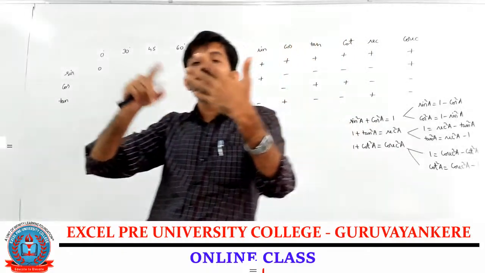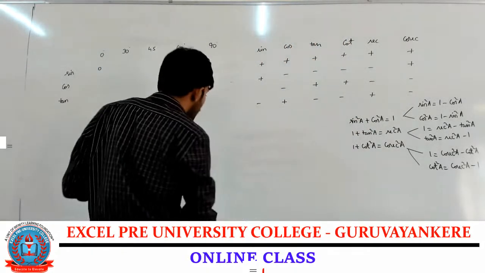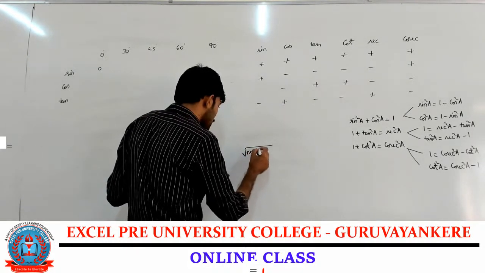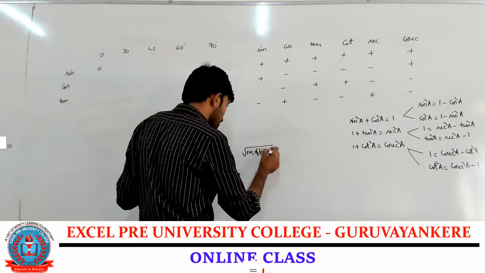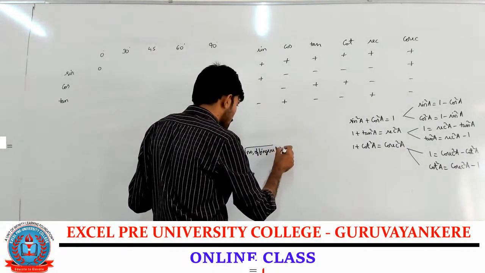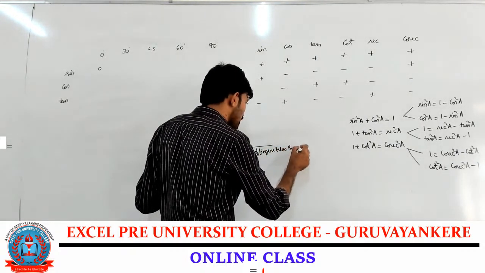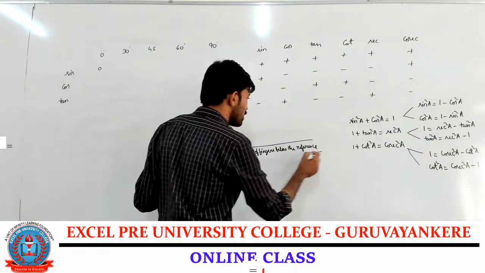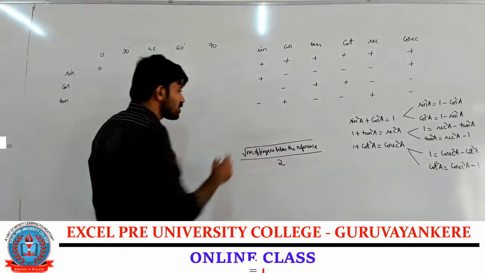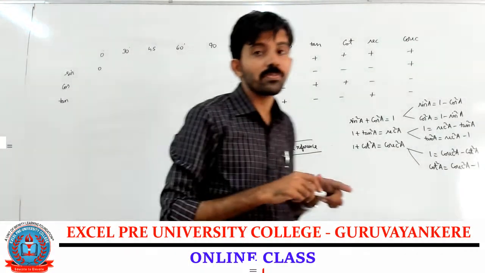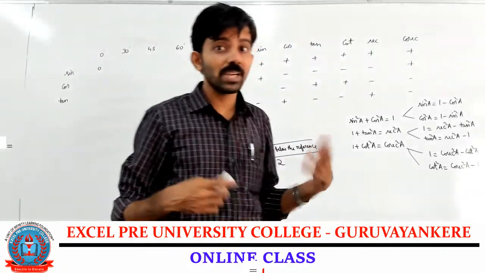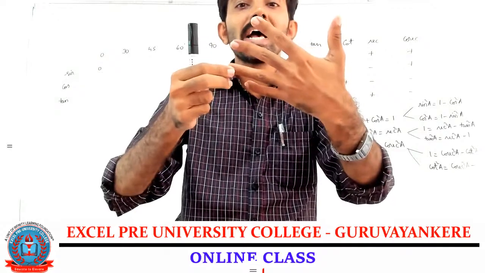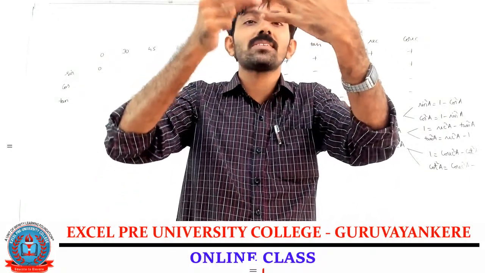Sine 30 is root of the number of fingers below the reference, divided by 2. This is the formula to find the value of sine of any standard angle.